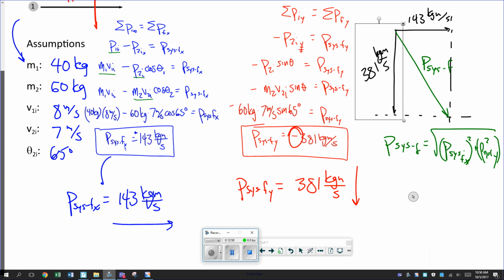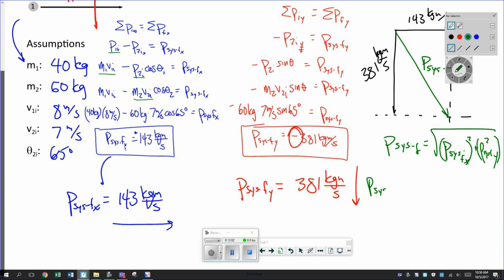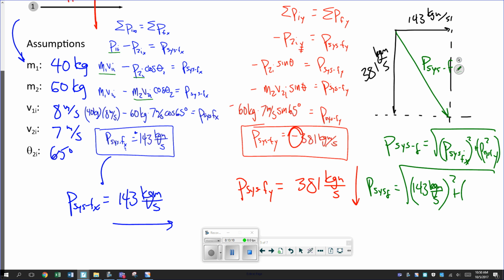So P sys final, with 143 and 381, is 407 kilogram meters per second.